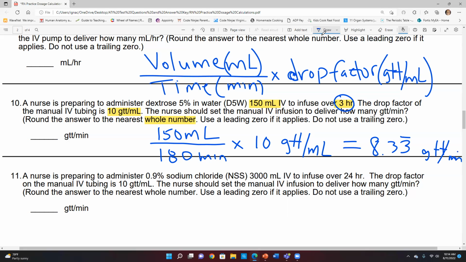Because we know that we cannot have a decimal or a fraction with drop factor. We have to round to the nearest whole number. Okay, so since it's 8.333, we can round to 8 drops per minute. Okay, and that is going to be your answer. 8 drops per minute.